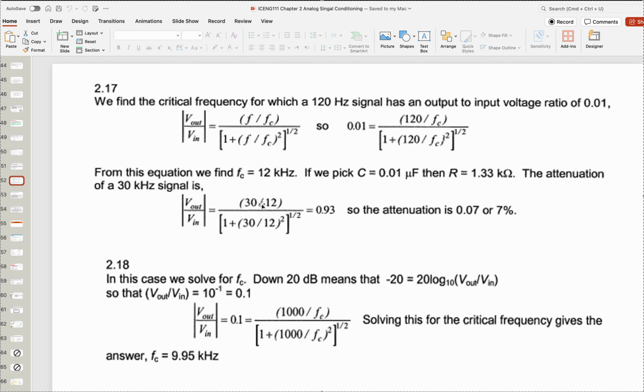So when you substitute 30 divided by 12, you find out that 93% passed, which means this is good somehow, but we are losing about 7% of that signal. So this is something that we would consider as well in this case. Okay, so this is the solution for 217.